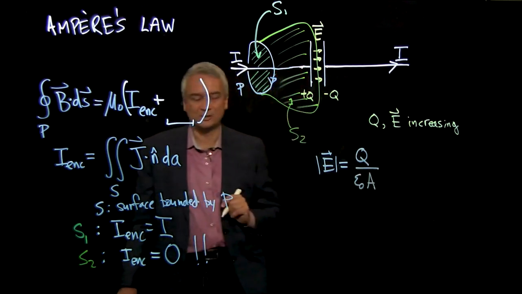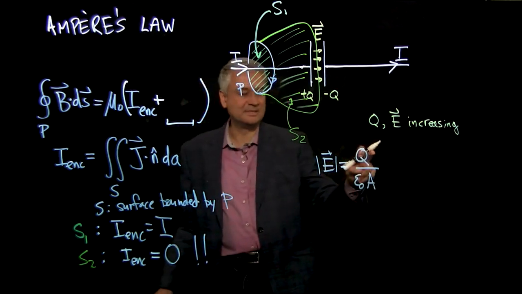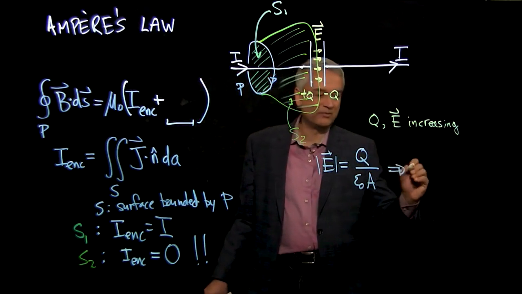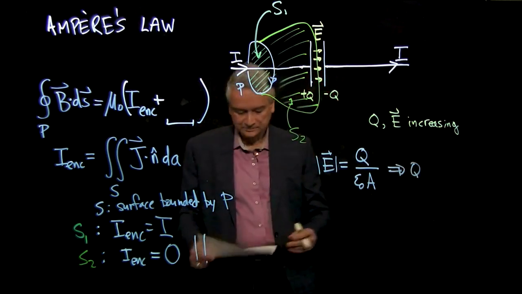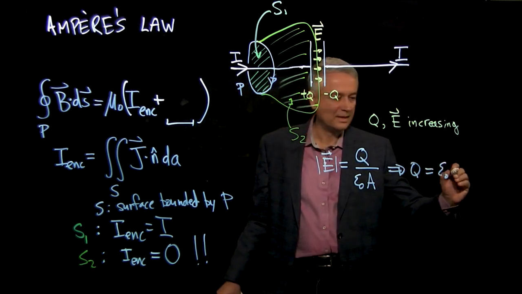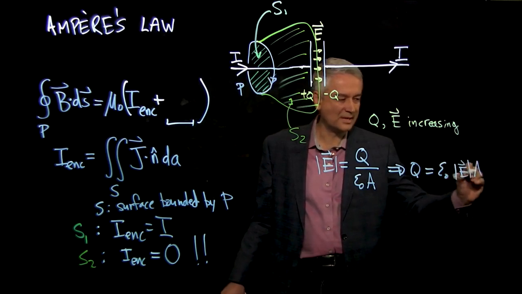This is the area of the parallel plates. And this is increasing in time. The area is a constant. If I rewrite this in terms of Q, Q therefore is epsilon naught, the magnitude of the electric field times the area.